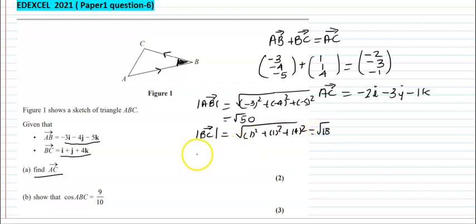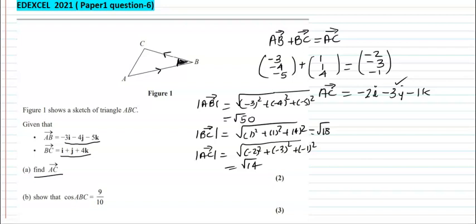And then we can find modulus of AC, or magnitude of AC. From here we can take minus 2 squared, minus 3 squared, and minus 1 squared, 4 plus 9 plus 1, that is root 14. So we have got these moduli.